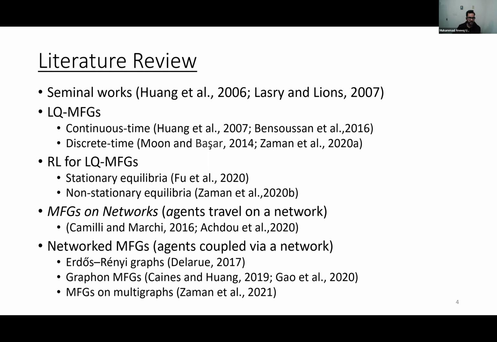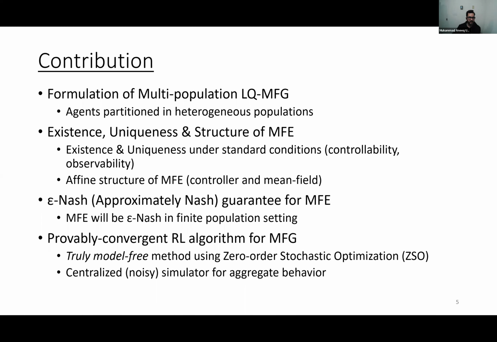Okay, so that was the literature review, and the contributions in our work: we'll start by formulating the multi-population linear quadratic mean field game, where the agents are partitioned in heterogeneous populations. Then we present existence and uniqueness of the mean field equilibria and a certain structural property.